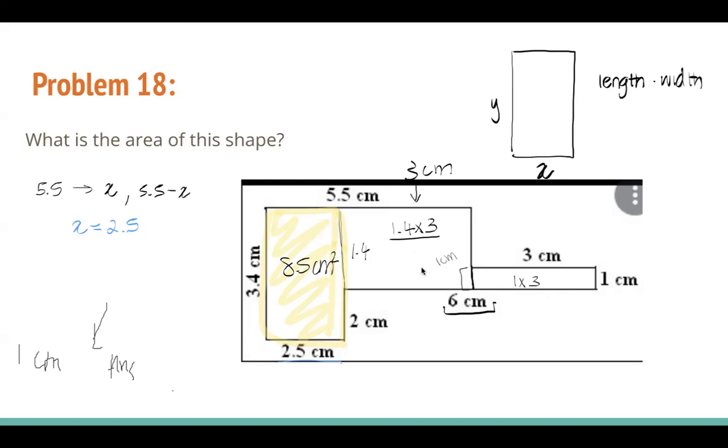The area is actually 4.2, but you were close. So if we multiply, we get 2, and then we have to carry over the 1. So we get 3 and then 4, so it would be 4.2.